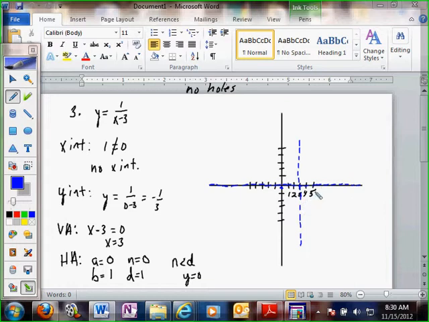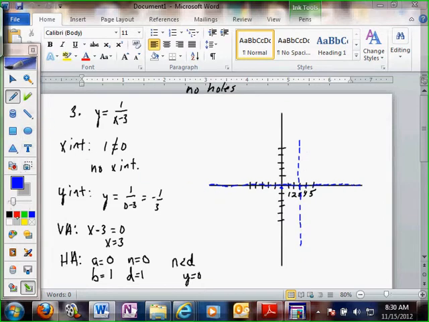what we have going on, first of all, we need to talk about some things that we didn't talk about on the last example, but you should remember that my function never crosses the vertical asymptote, and it usually never crosses the horizontal asymptote.